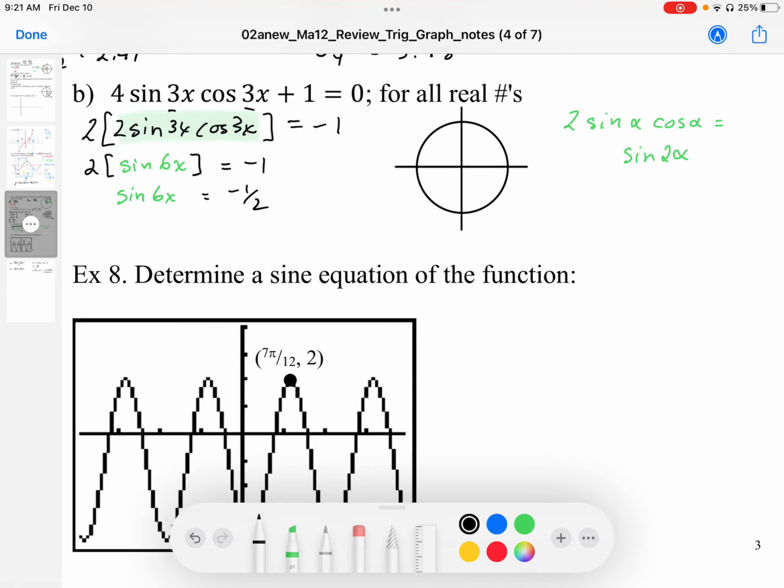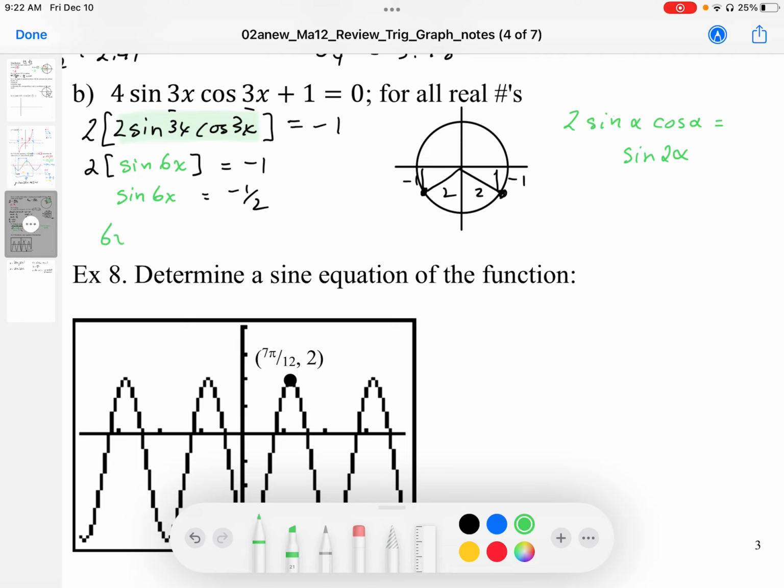So -1/2 is going to be in these quadrants down here, and down here. Okay, those are my two positions of -1 over 2. The angle 6x.